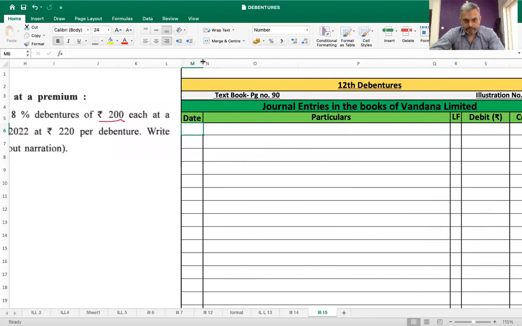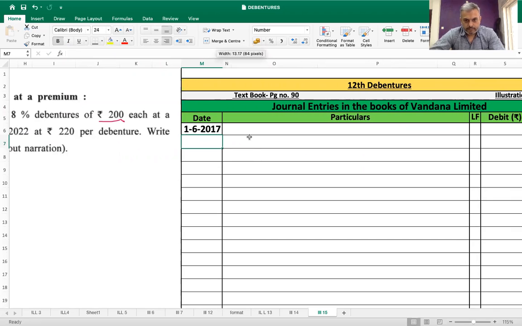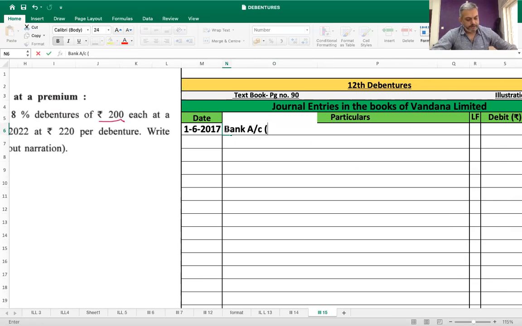1/6/2017, bank account. Now we have over here 10,000 debentures into, we are going to collect 210.